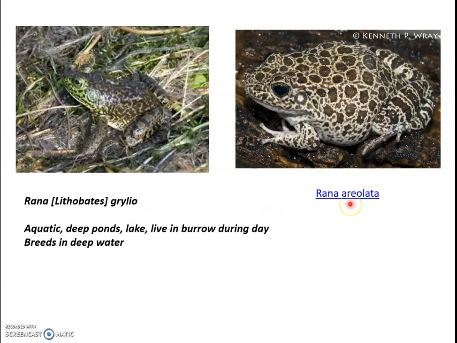In the case of Rana areolata, they live in burrows during the daytime but are active at night, and they are seen around the margins of the swamp only. The pig frogs breed in deep water, so they have no preference for the gopher frog that lives in the shallow waters of the grassy pond.